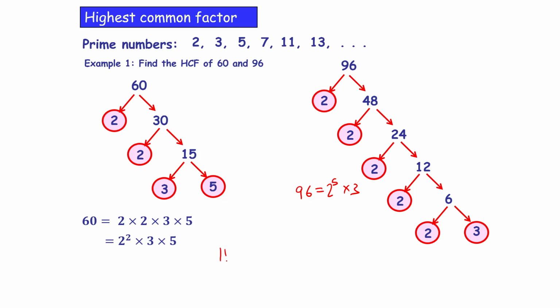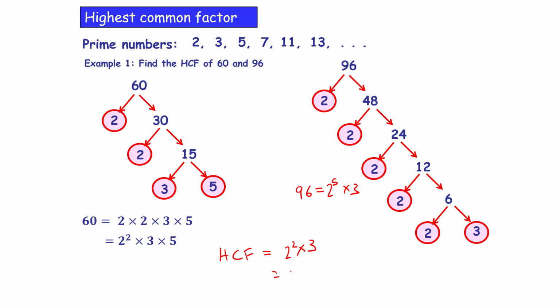Now to find the highest common factor of both of those numbers, we're looking for what's common. Now 2's are common, but only 2 squared, because we can't have more than 2 squared in both of them. This one's got 2, this one's got more, so we've got to take the minimum one. So it's 2 squared times 3.